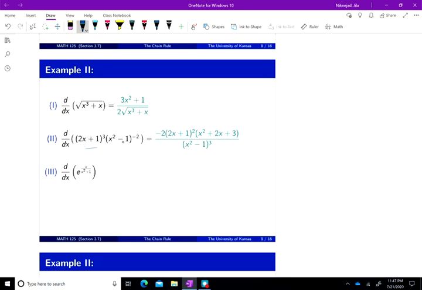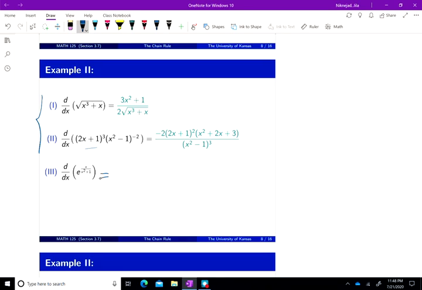I mean, they are about the same. Type 1 and 2 look like some polynomial to a power, or a polynomial to a power times a polynomial to another power. Now we're doing the exponential with the exponent being different than x.